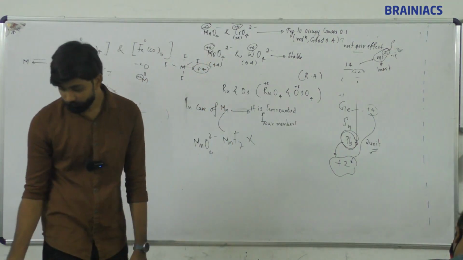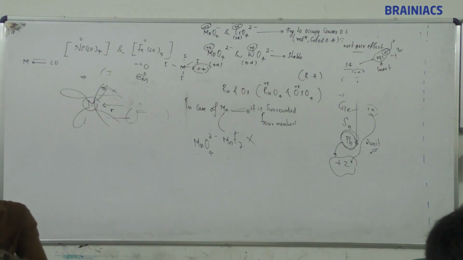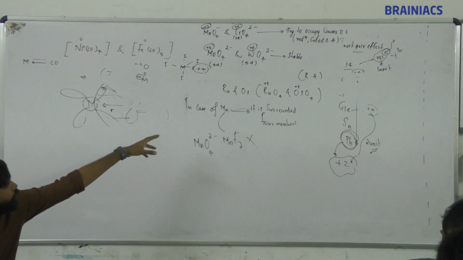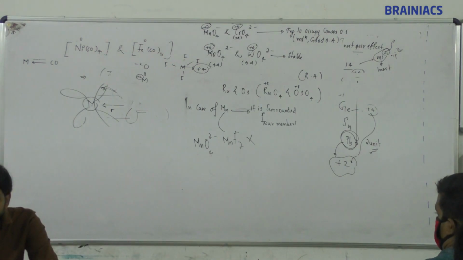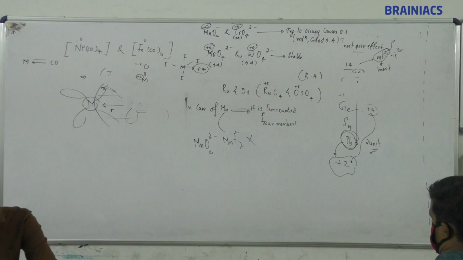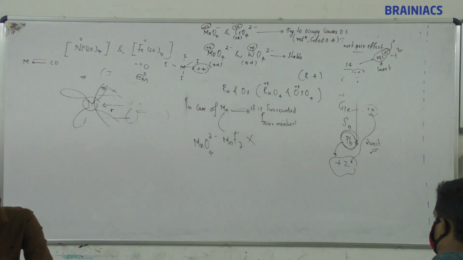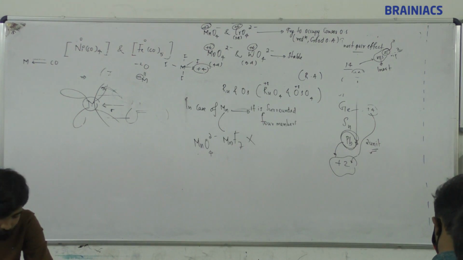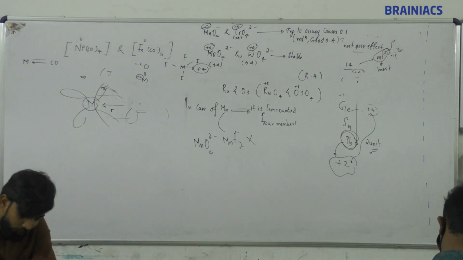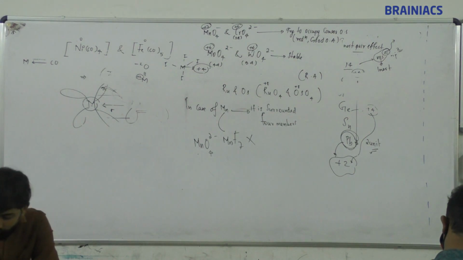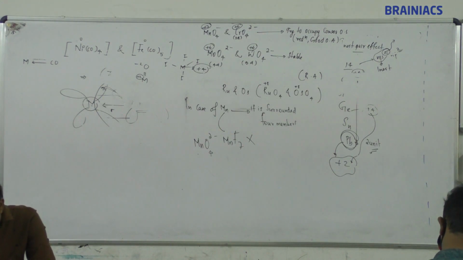Next point: in the case of manganese, which is usually surrounded by 4 atoms, the fluorides are not able to satisfy the +7.